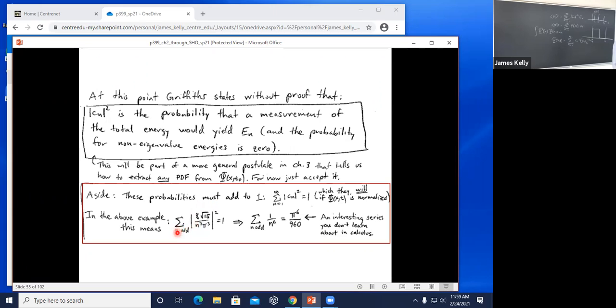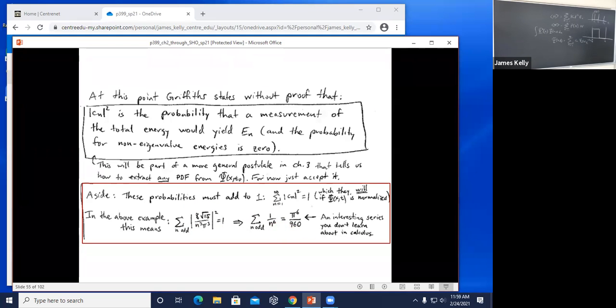So if we sum over the odd ns of this thing squared, let's require that equal 1. And then let's take all the constant stuff and divide it out onto the right-hand side. When you do that, you find out, just from doing this example and thinking about the fact that the probabilities have to add to 1, we have proven that the sum over odd ns of 1 over n to the 6th is pi to the 6th over 960.